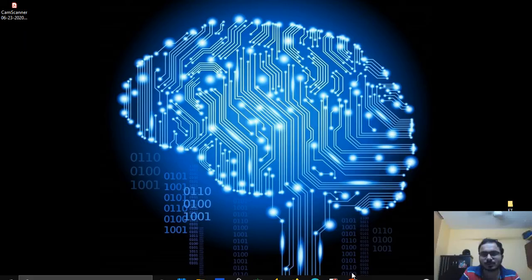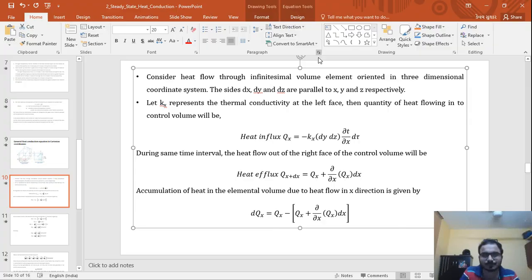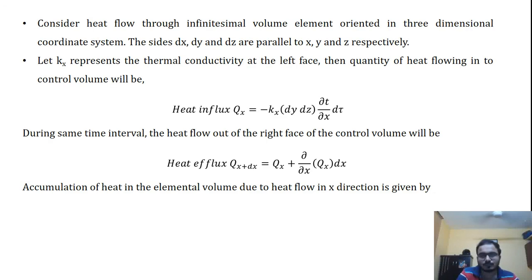Now we can go into our slides. So we have done up to this. Now the accumulation of heat in the elemental volume due to heat flow in x direction is given by, now what is the meaning of accumulation?